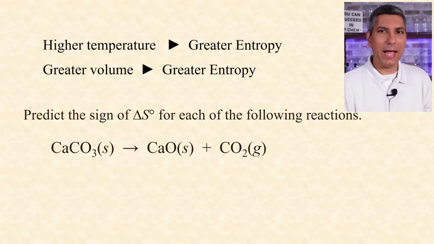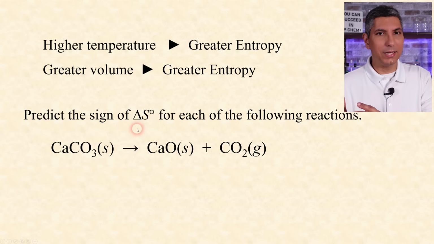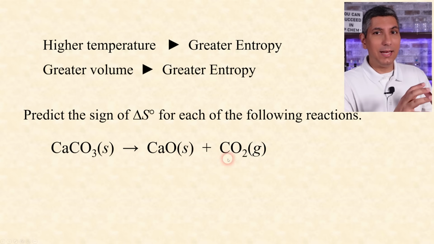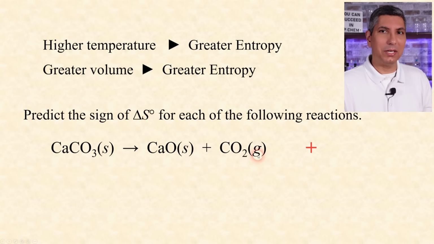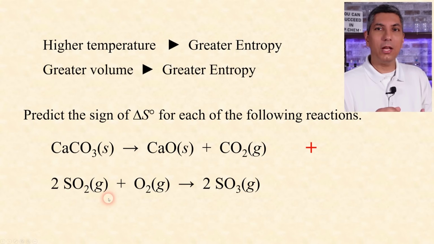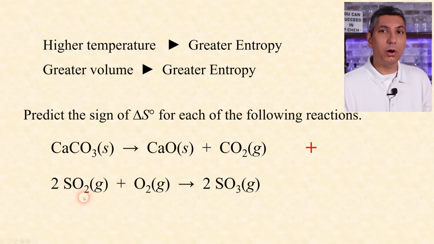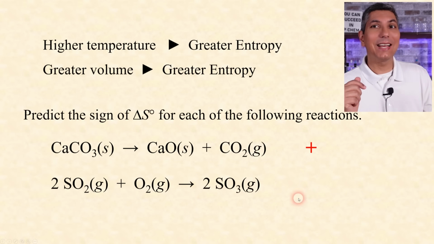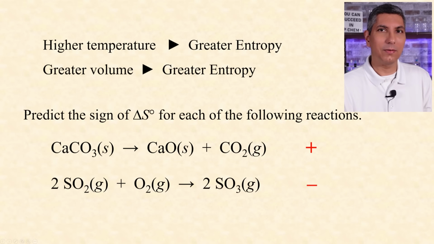In this chemical reaction, we're going from all solid to a mix of solid and gas. So that's an increase in entropy. In a chemical reaction where every substance is a gas, the more molecules you have, the more entropy there is. So if you go from 3 molecules of a gas down to 2, that's a decrease in entropy.